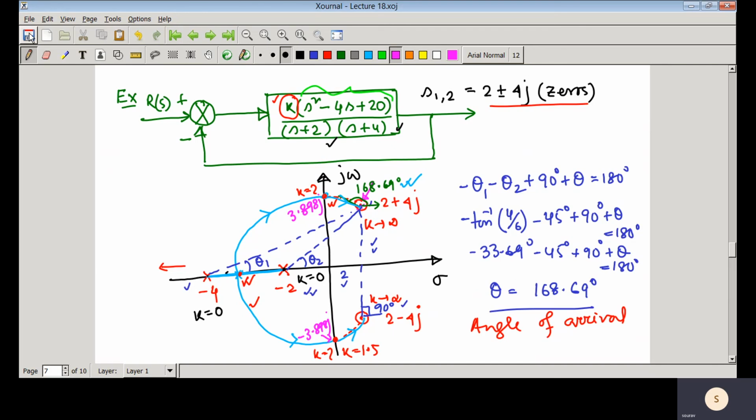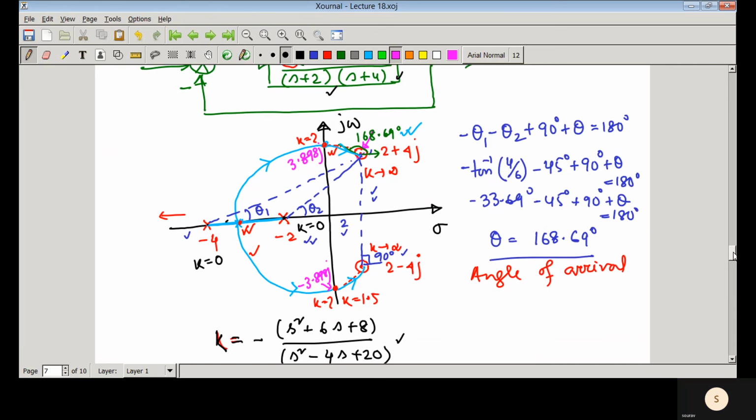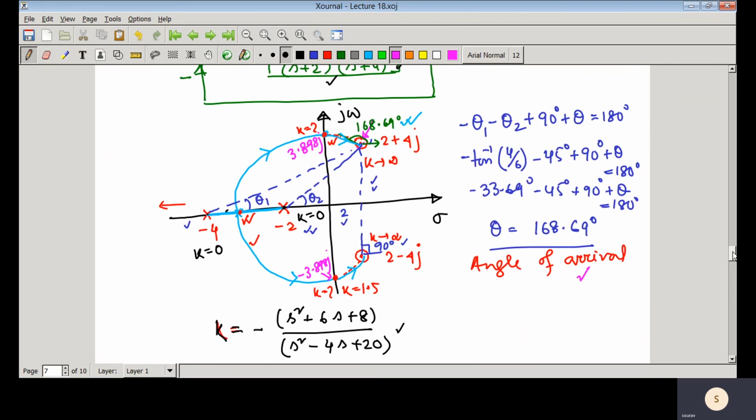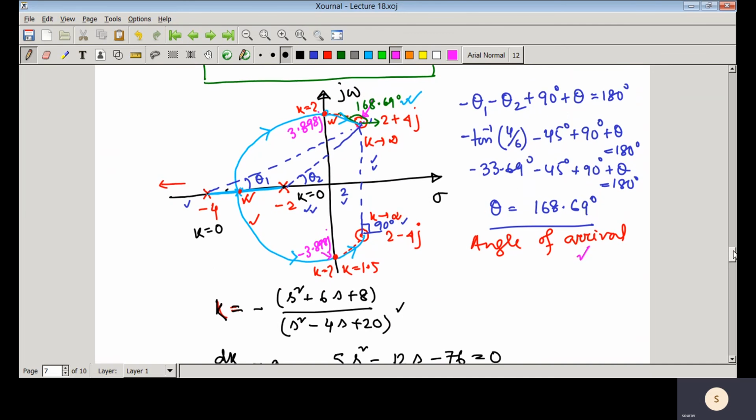So in this particular example, what we have seen is that the system has imaginary complex conjugate zeros, so we can find the angle of arrival. And here we have calculated at what point and at what value of k it crosses the imaginary axis.